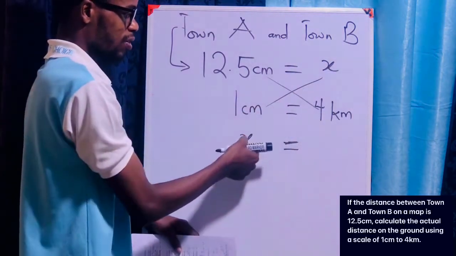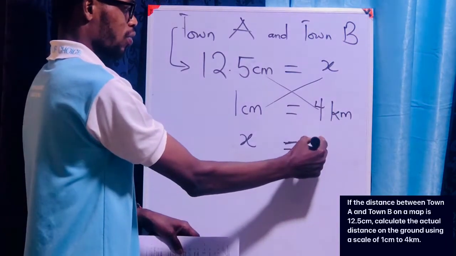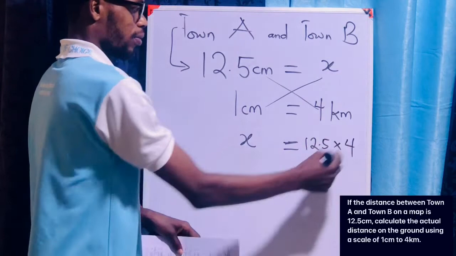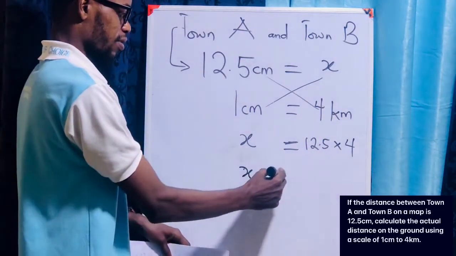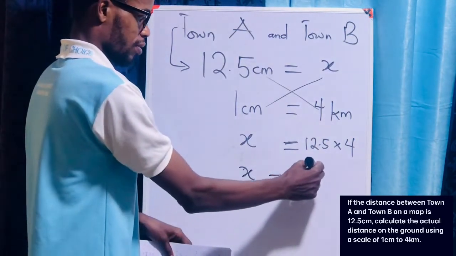Therefore, if this multiplies this and gives us x, then you have 12.5 times 4. And that should give us x equal 50.